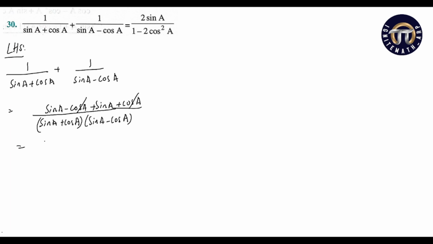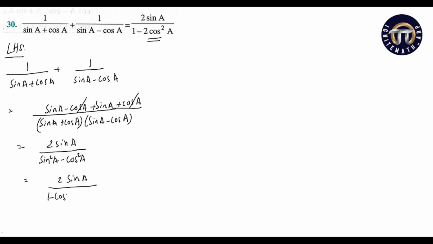So minus cos A plus cos A get cancelled. Sin A plus sin A, I'll get it as 2 sin A divided by A plus B, A minus B it looks like. So I can write this one as sin square A minus cos square A. So numerator I'm going to retain as it is, 2 sin A, divided by, see RHS is having only cos. So I will express this sin square in terms of cos.